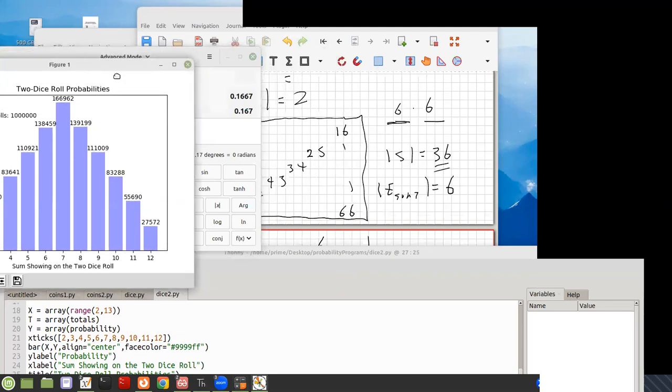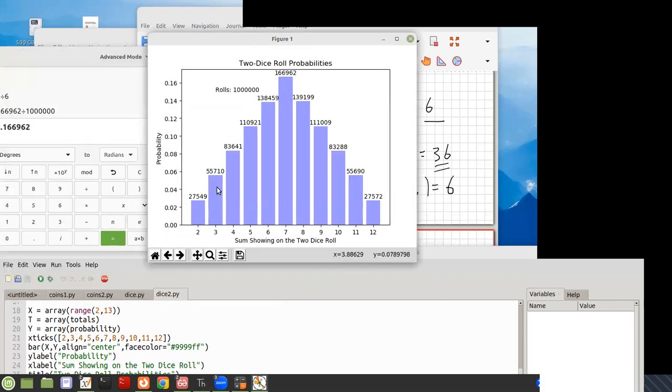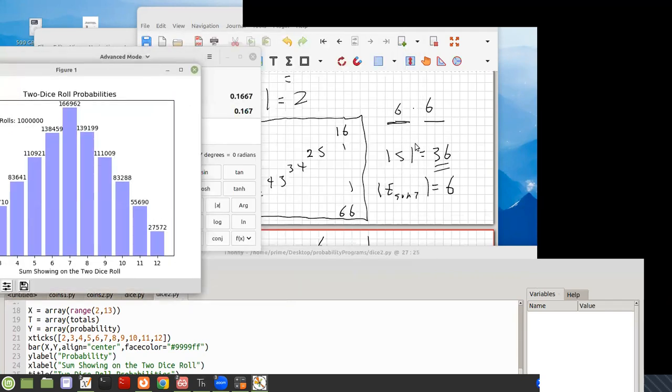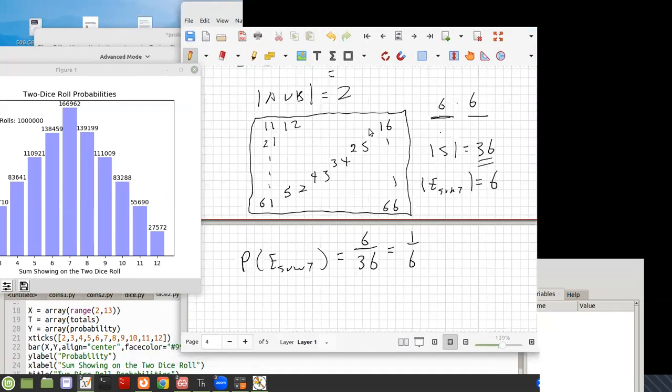So what's going on? I can predict this pattern as I get larger and larger numbers of rolls. If I do 10 million, it's going to get closer and closer to 0.1666. So this is like 1/6, and I can look at this square here and predict all these numbers, right?